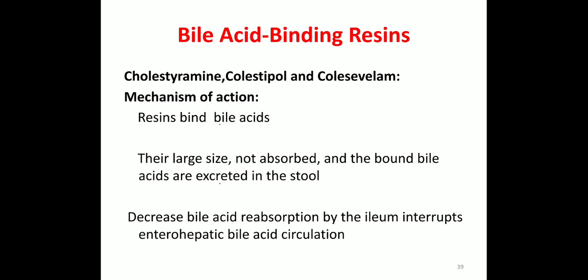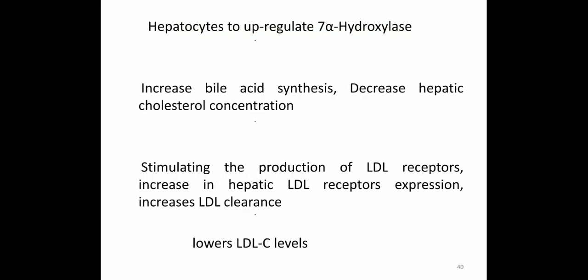Resin plus bile acid. The resin is the drug, a bile acid binding resin. So resin plus bile acid makes the molecule very large, which will not be absorbed, and the bound bile acid is excreted in stool. This is the basic mechanism. Decreased bile acid absorption by the ileum interrupts the enterohepatic bile acid circulation.